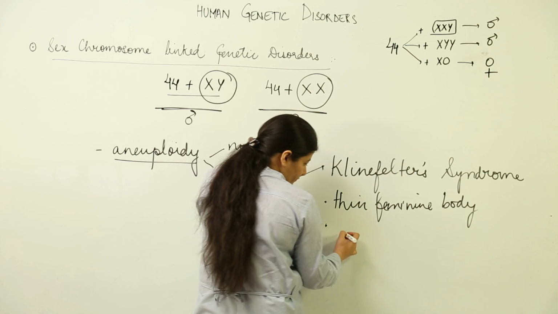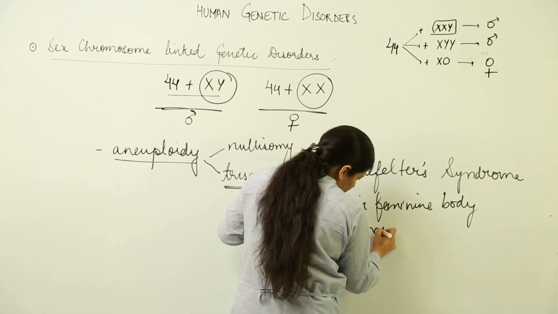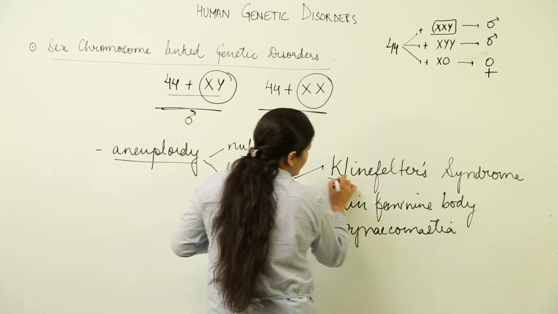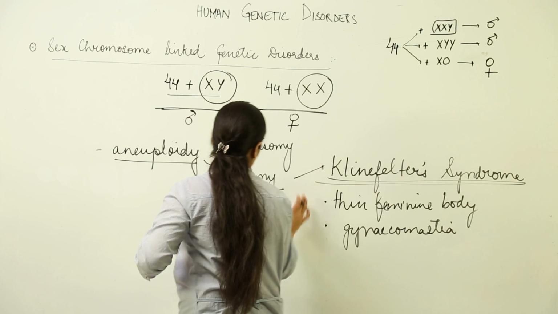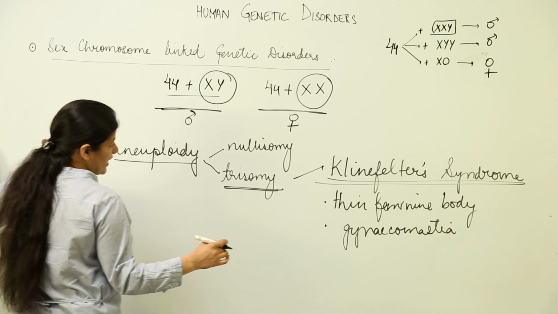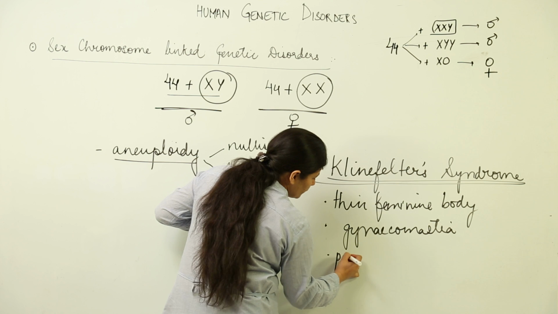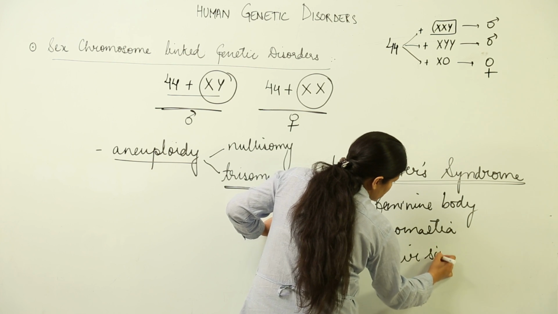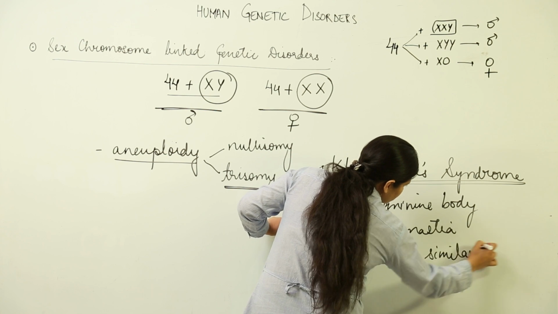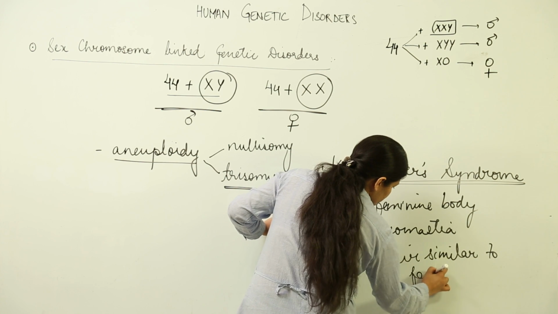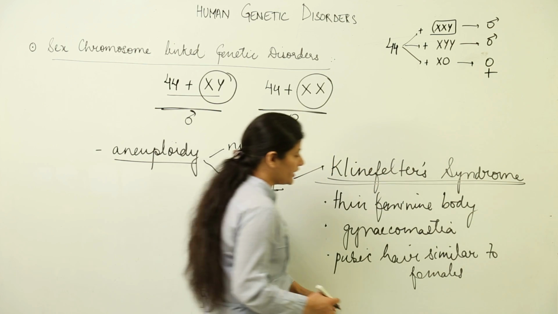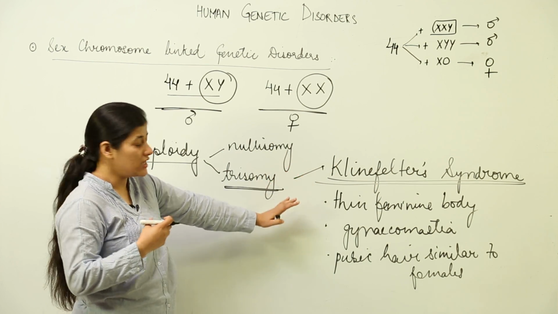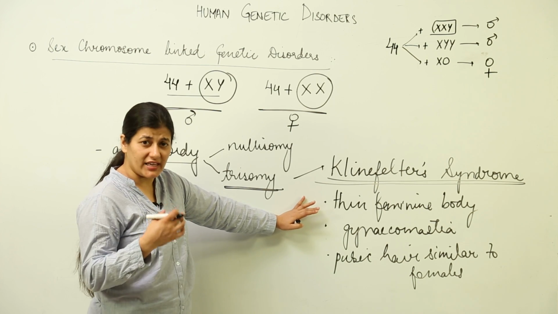Then we have gynecomastia, that is development of breast, as in females. Apart from that, the pubic hair growth will be similar to those in females. So, these are the characters which are visible. The person will not have a low pitched voice, the voice will be high pitched like that of a female.